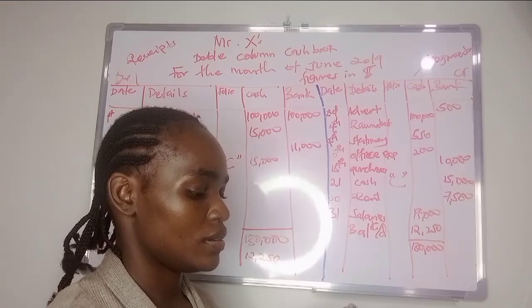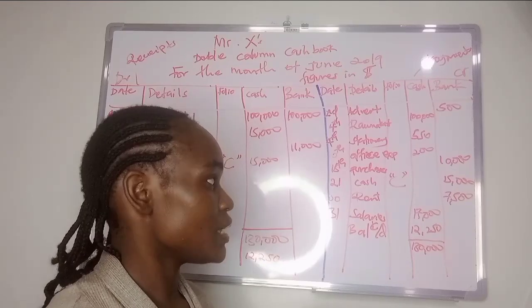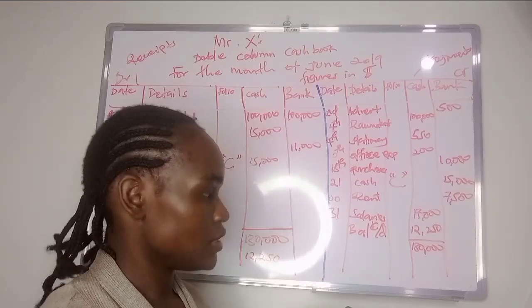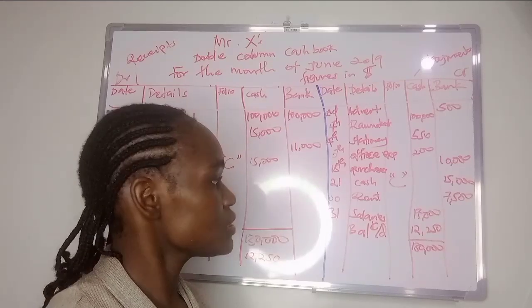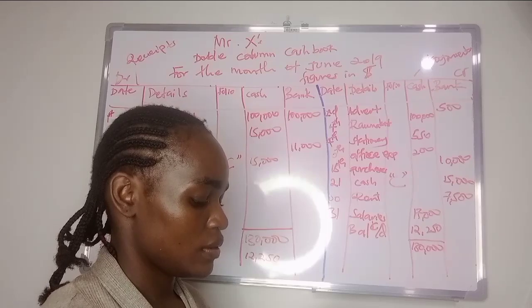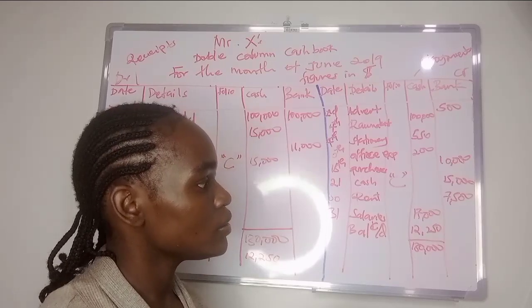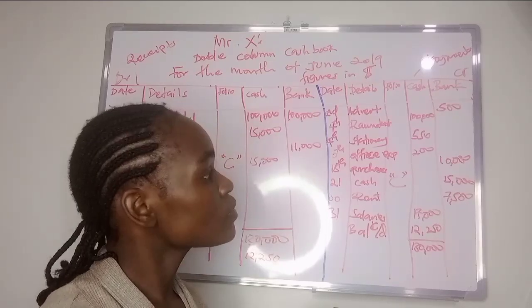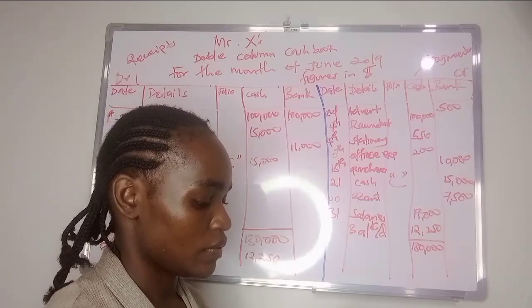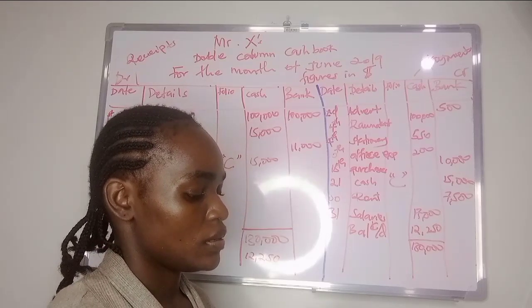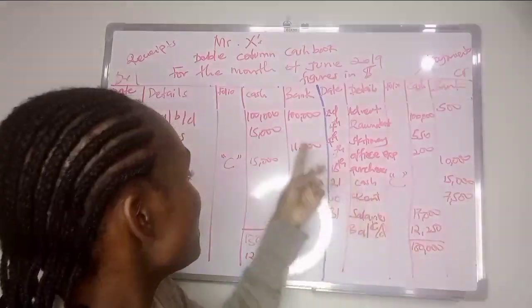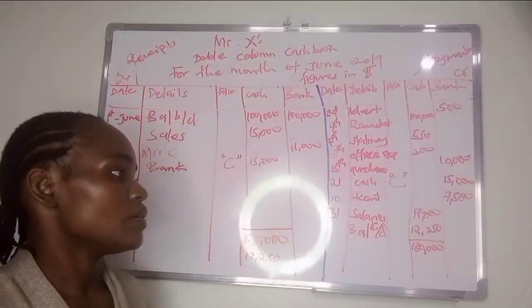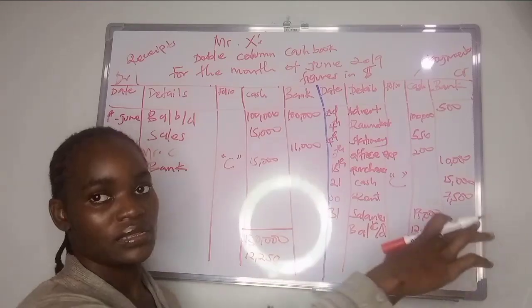So 10,000 plus 15,000 plus 7,500 plus 500. It is 33,000. 33,000, and this side is 111,000.